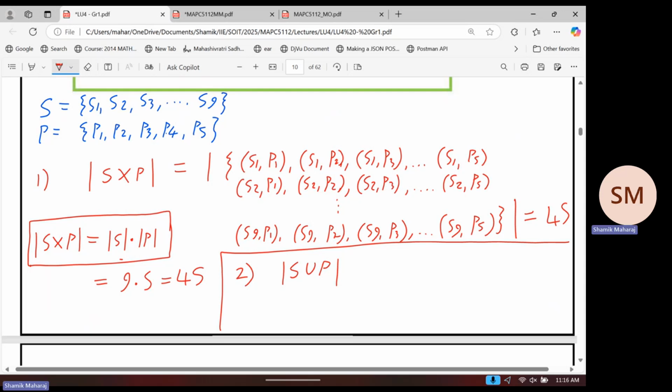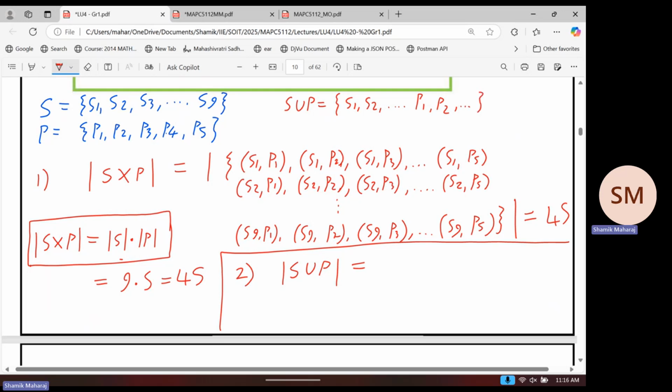So this is one way to do it. If we just take the union, it will be one big set with all of these as elements. Just a quick recap: the union of these two sets will look like one big set with S1, S2, and so on, P1, P2, and so on. That's the union.